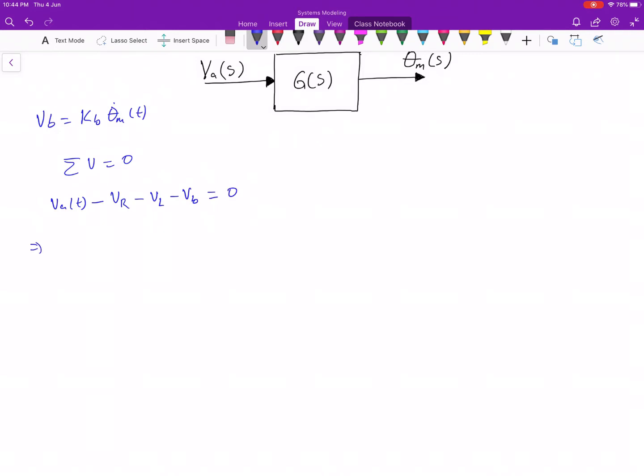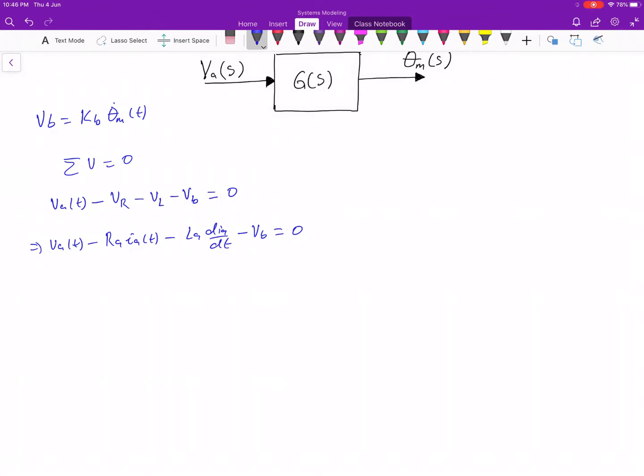Now, this implies that we have your supply voltage minus the voltage drop across the resistor, that is R times IA, minus the voltage drop across the inductor, that's going to be L dia/dt, and the voltage drop caused by the back EMF, this is just a voltage, which is equal to 0.